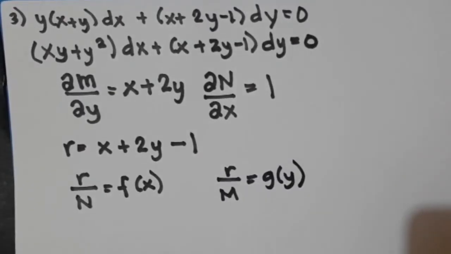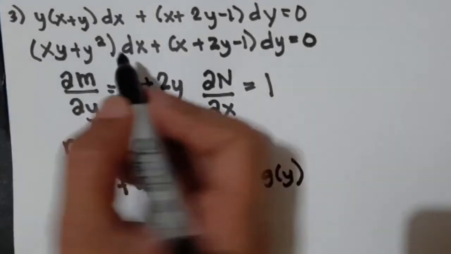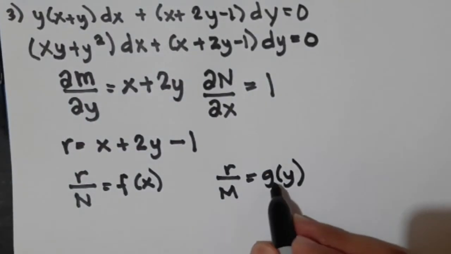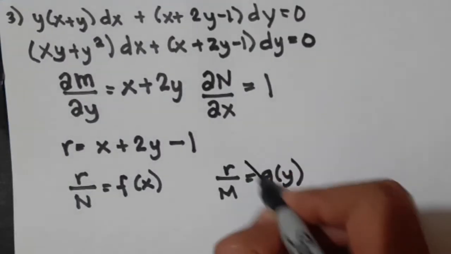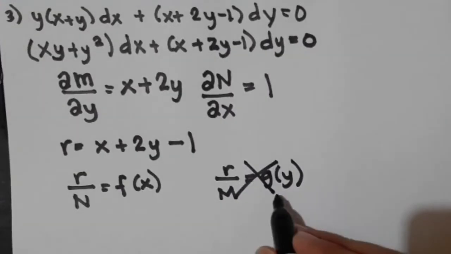If we check x plus 2y minus 1 divided by xy plus y squared, we cannot simplify it in terms of function of y alone. Therefore, we cannot use this function in solving for the integrating factor.